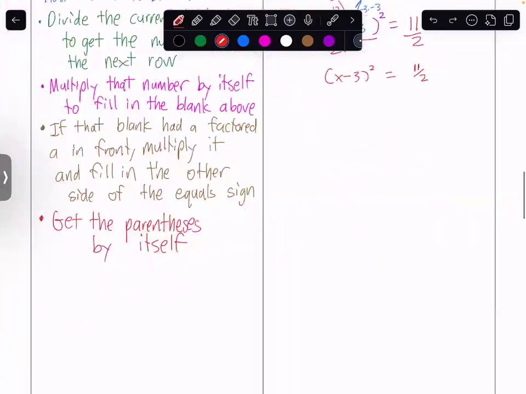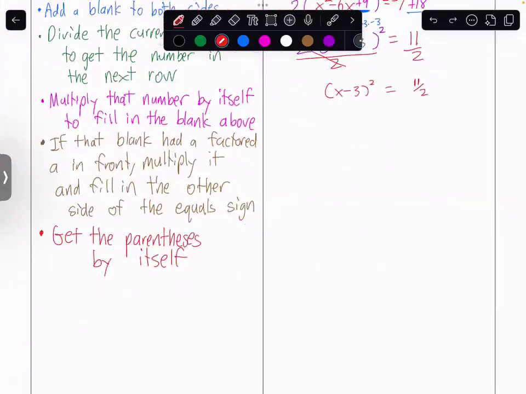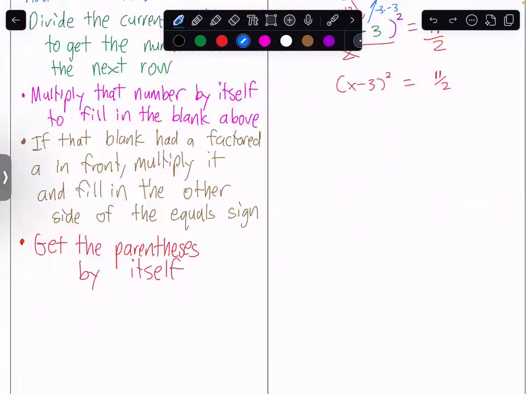Okay, so here's the last tricky part, the part where a lot of mistakes happen. To get rid of the squared, you do the opposite, which is called a square root.